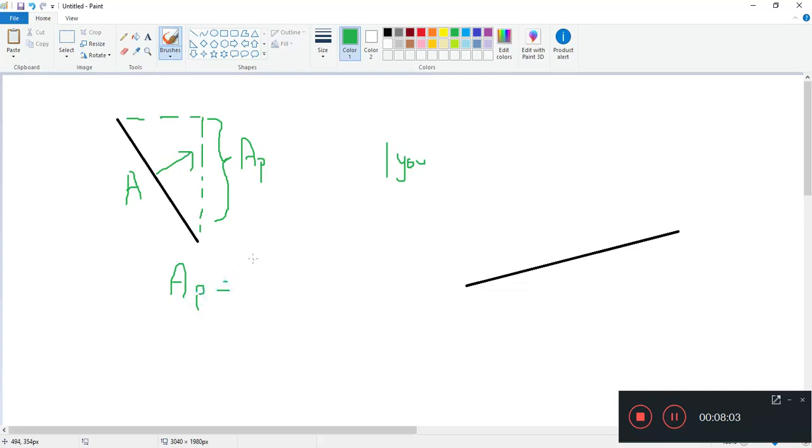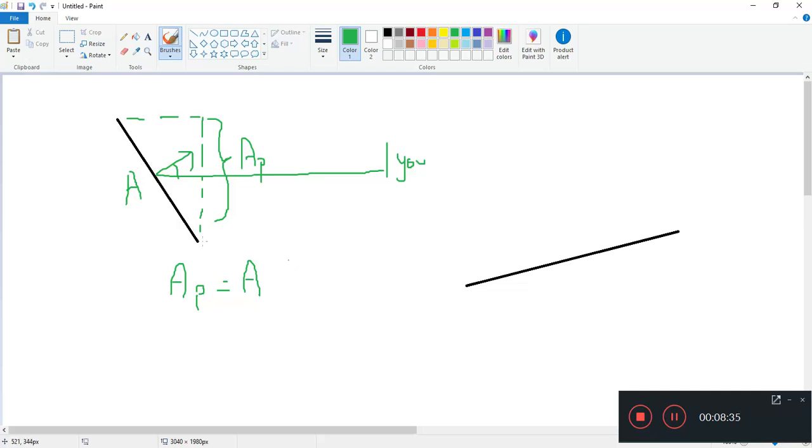Well, the projected area equals big A, and then you have to do some trigonometry. Let's say you have a line that you draw between this plate A and you.